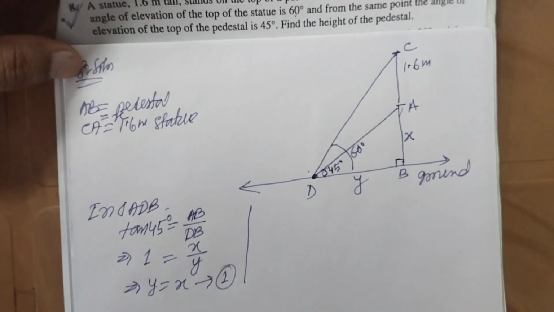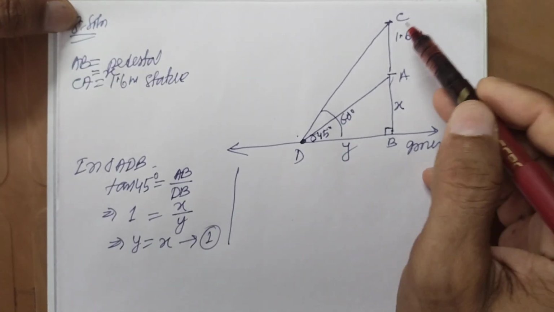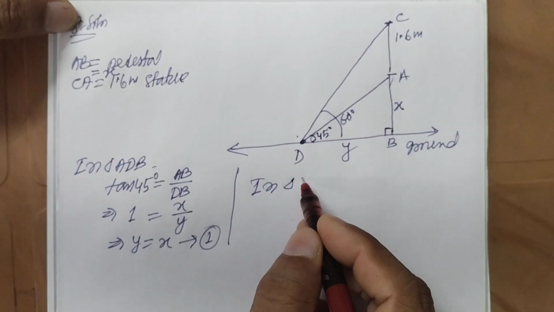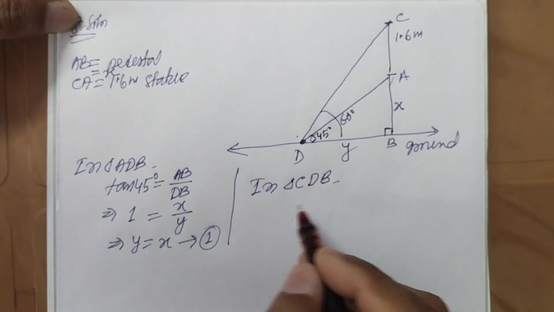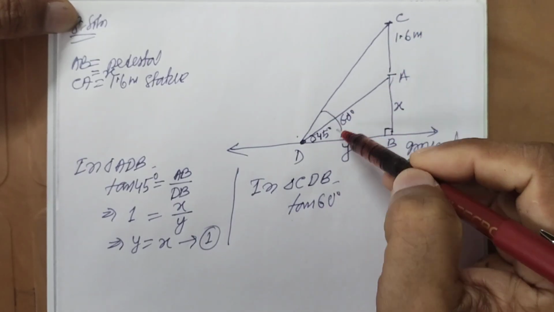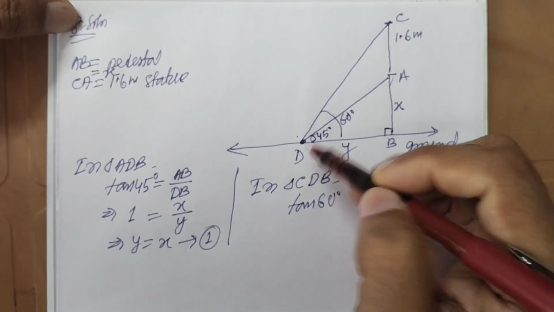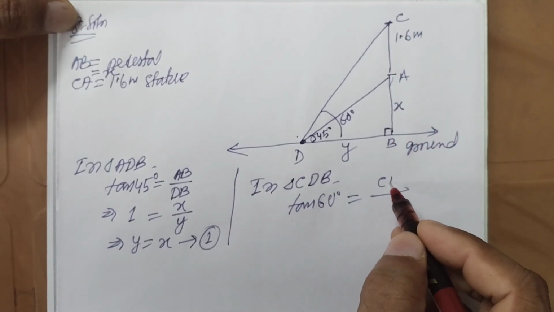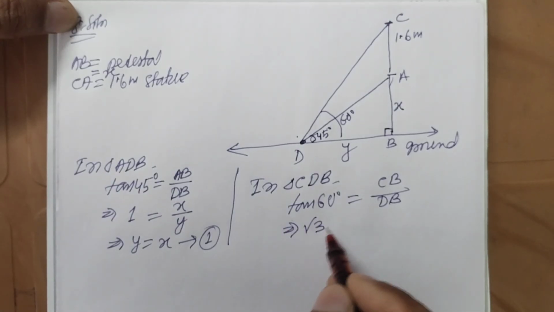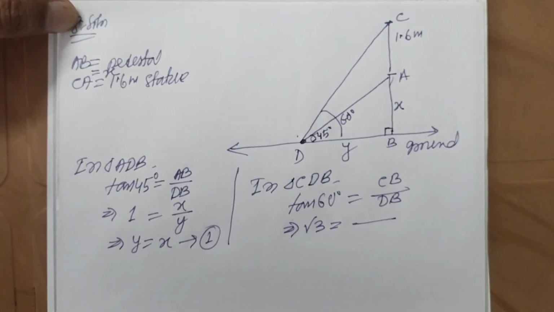And then again in which triangle? The other triangle, you see the other triangle is CDB. In triangle CDB, again tan of the angle 60 degree. Now in the whole triangle CDB, 60 degree, perpendicular by base, perpendicular is CB, base is DB. Tan 60 value is root 3 is equal to CB by DB. What is CB?